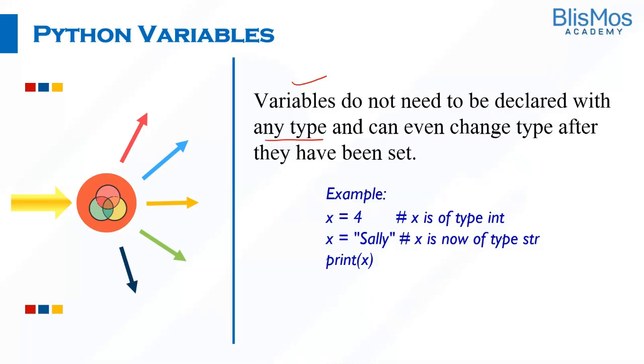Python has a capability to infer which data type this particular value belongs to. For example, here you can see 4 is assigned to x. It will automatically infer x is of type int. In this case, when the same variable is assigned with a Sally, it automatically infers this is going to be string. That is the beauty of Python.